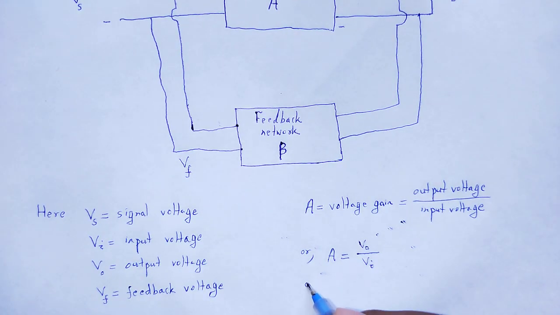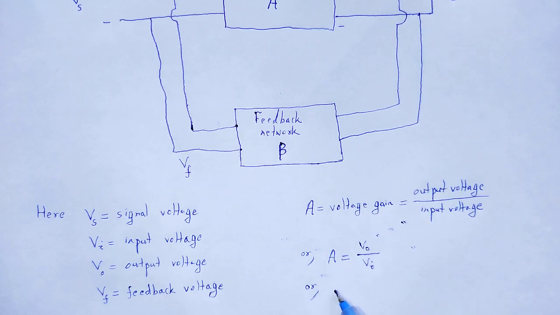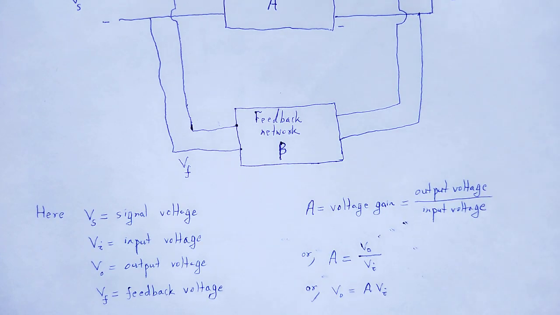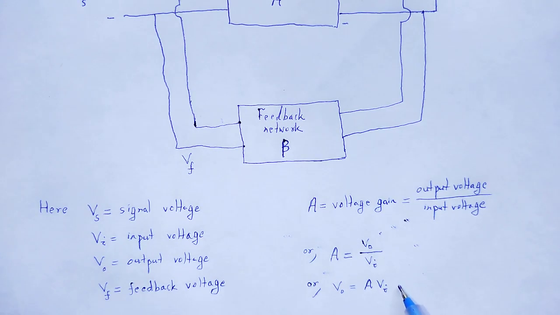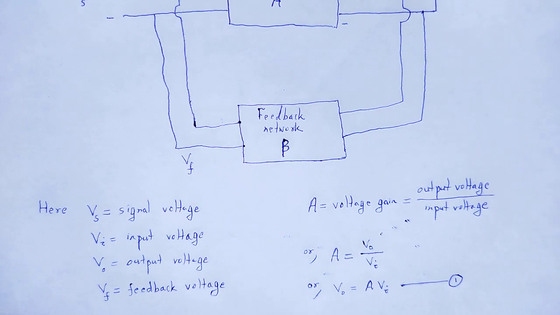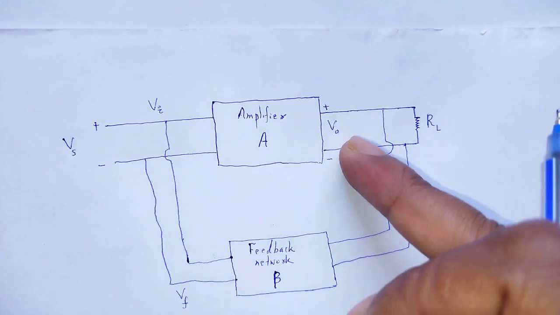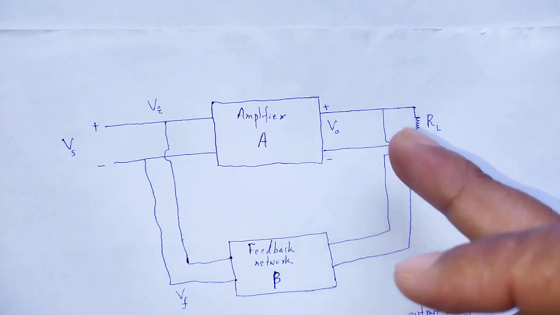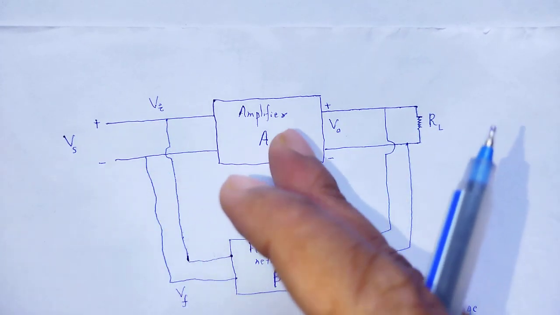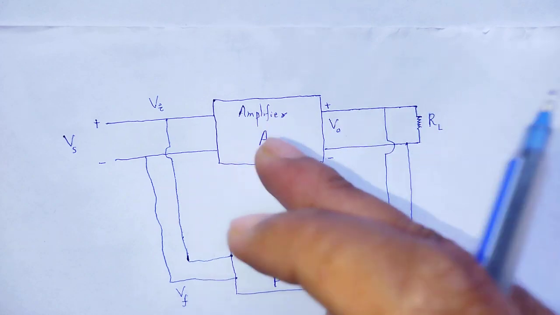In that way we can calculate V output as A times V input, that is equation number 1. So the output Vo is equal to A times V input. A is the voltage gain.